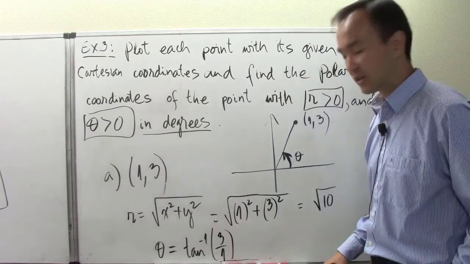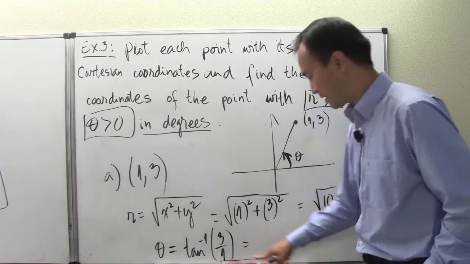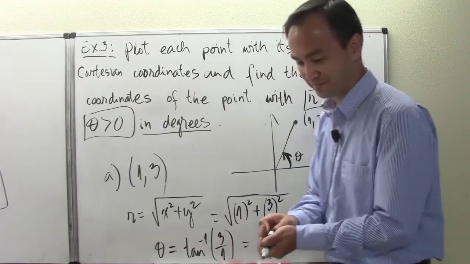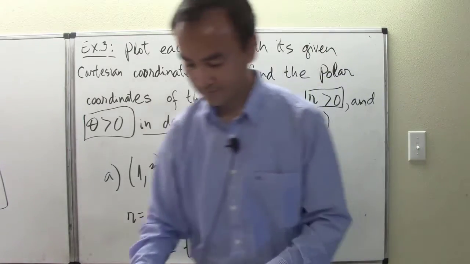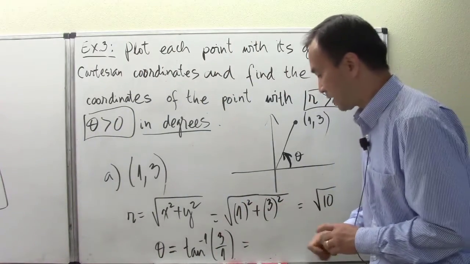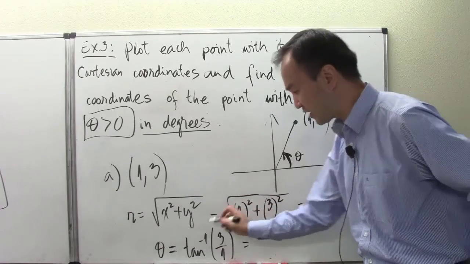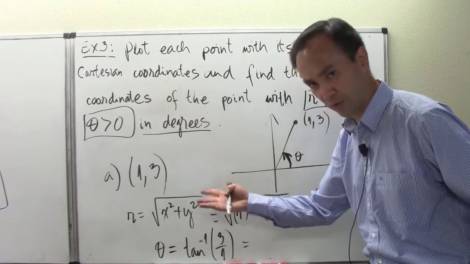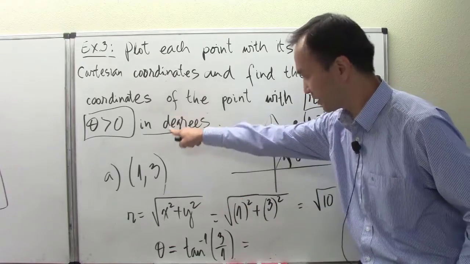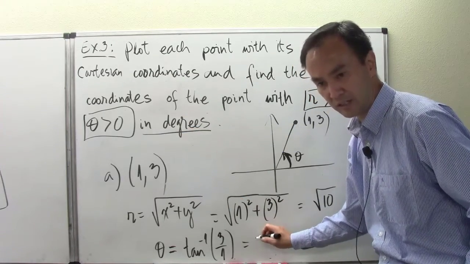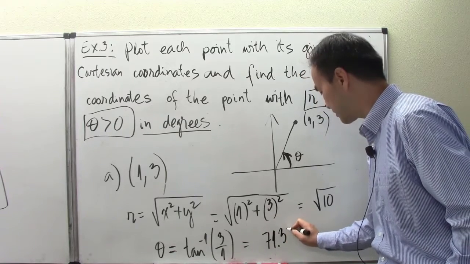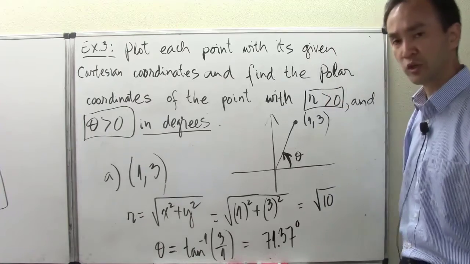So now I'm going to run the tangent inverse operation. Tangent inverse of 3, and you can use any standard calculator, is going to be in degrees about 71.37 if I round it to 2 decimal places.